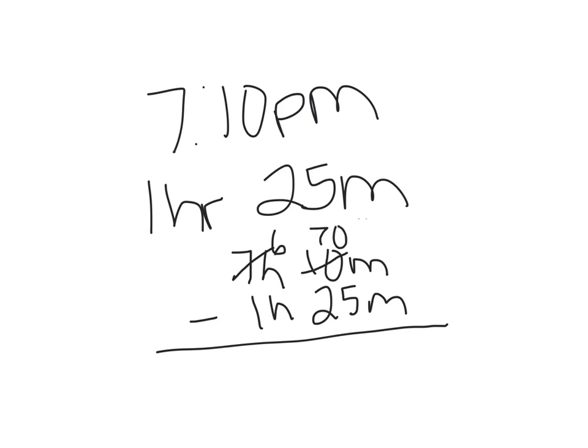So now I can do this. 70 take away 25. I know it's tough because there's still a 0 there, but if this time I could borrow from the 7 and make that a 6, make that a 10. Now I have 5, and 6 take away 2 is 4. So we got 45 minutes here. Now we come to the hours. 6 take away 1 is 5. So the plane left Chicago at 5:45.